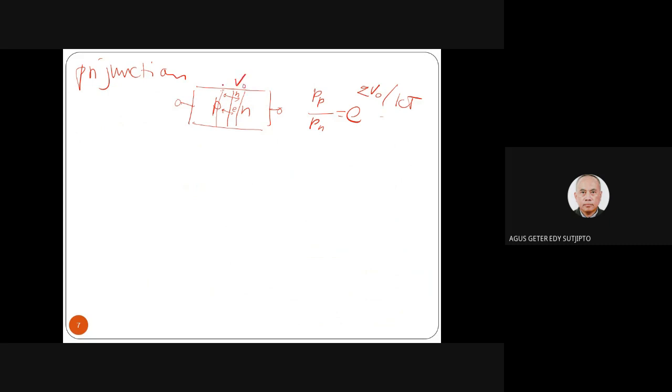So there is a potential difference between P and N, VP and VN, where VN minus VP equals V0.